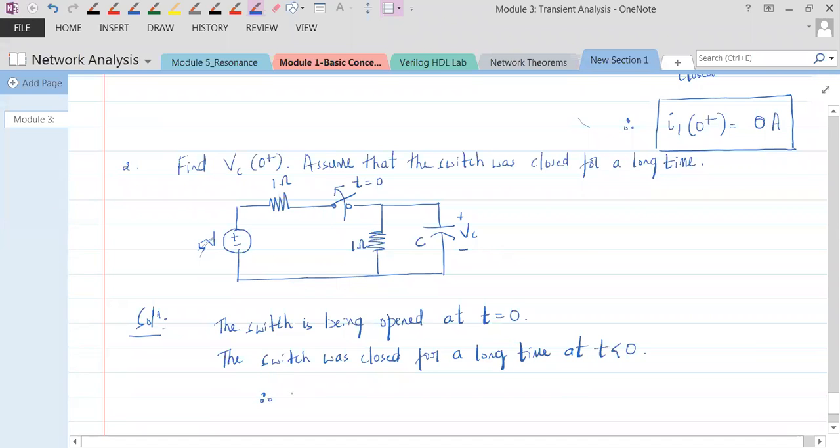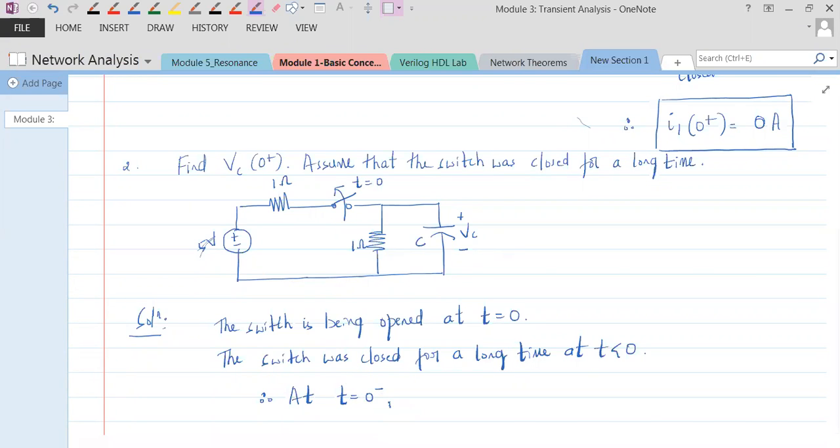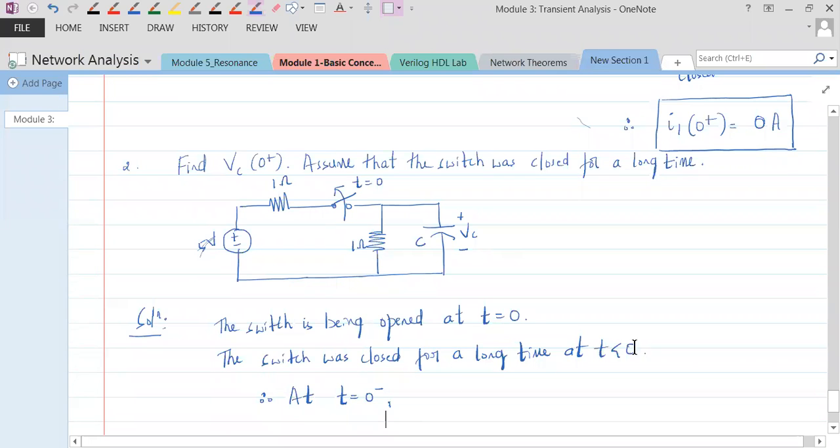So therefore, at t equal to 0 minus, do you think the circuit was in steady state is the question. The switch was closed for a long time at t less than 0. So this is also t less than 0 only. 0 minus is also t less than 0. At t less than 0, switch was closed for a long time. Since the switch was closed for a long time, the circuit was in steady state.